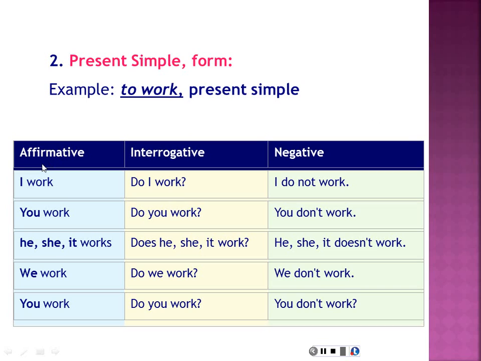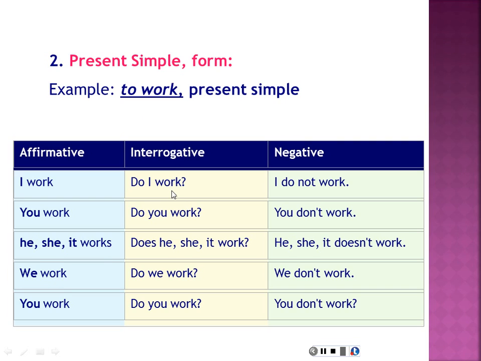We'll start with affirmative حالة الإثبات, interrogative حالة الاستفهام, asking questions, and negative نفي when we say no. So if we start with the first one, I work, you work, he, she, or it works. So he works, she works, it works. We work, you work. So only we add s with those three cases.